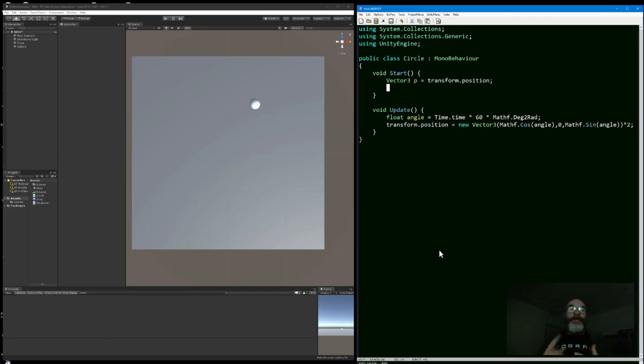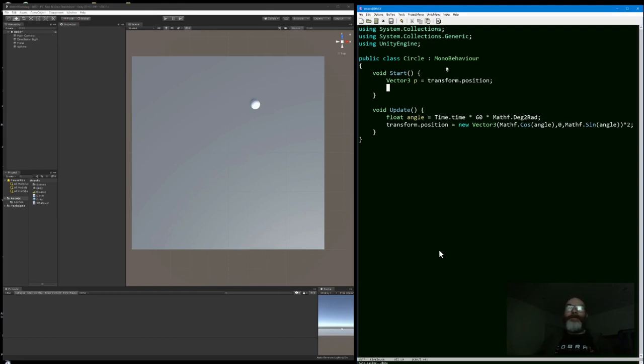A secondary point is that I need to know the time that the thing started moving. We can assume that since I'm using time.time, it starts at 0. But for a more general purpose thing, we might want to be able to reset the position at any time to a particular point. So I'm going to just put that in.